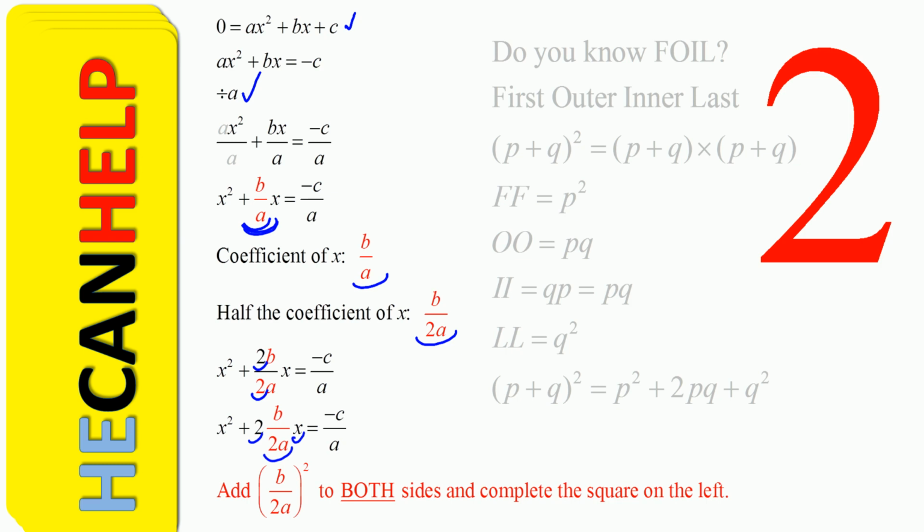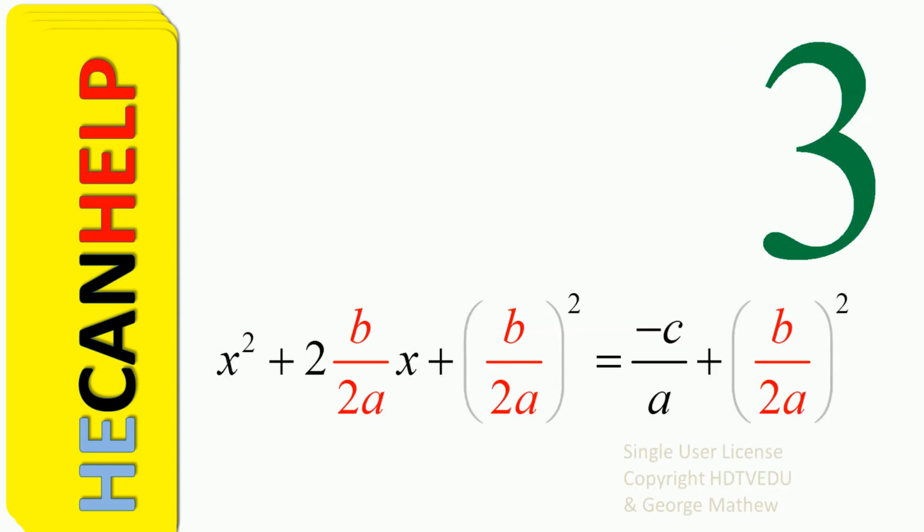Add the square of half the coefficient of x to both sides, and complete the square. So you get x squared plus, this is half the coefficient of x, right? b over 2a. To get there, we have to multiply by 2. We add the square of half the coefficient of x to both sides.